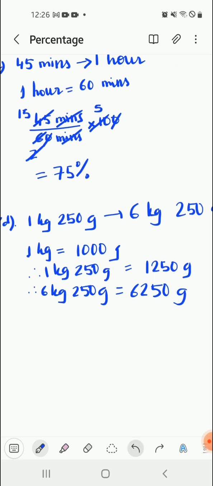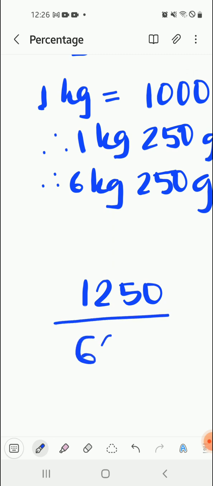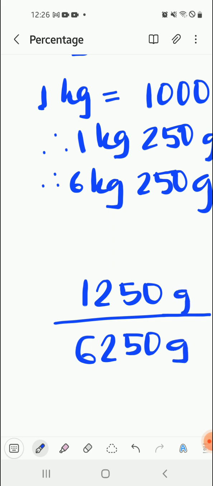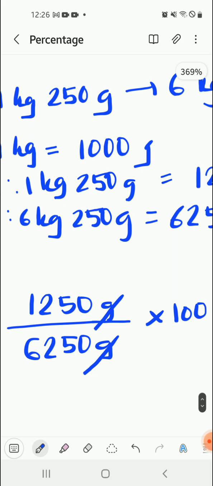Once we have converted both into a common unit, now we are going to find the percentage. So this is 1250, that is 1 kg 250 gram, divided by 6250 gram, into 100 in order to find the percentage. The gram gets cancelled, and the zeros get cancelled. Now we have got 125 and 625.